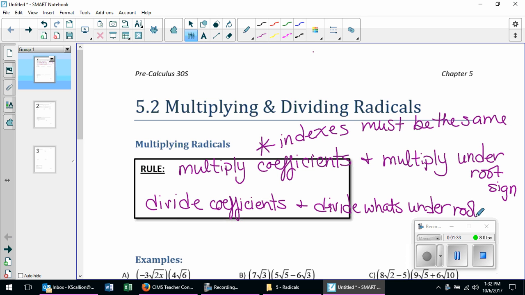I'm probably going to use the terminology which I made myself. What are the numbers under the root sign called? Radicands.